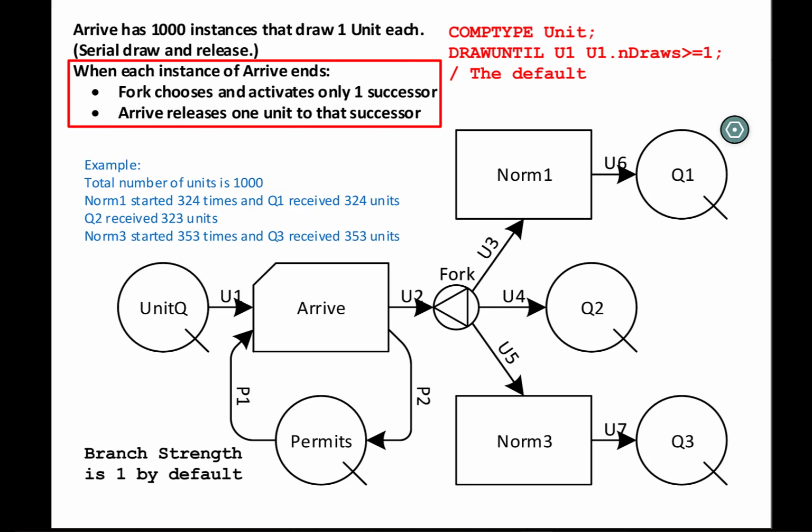When each instance of arrive terminates, it will send a message to fork to select one of the outgoing links probabilistically, and then it will route that unit through the fork to the successor node. Because of this, each of the successor nodes has a probability of 1/3 of being selected.